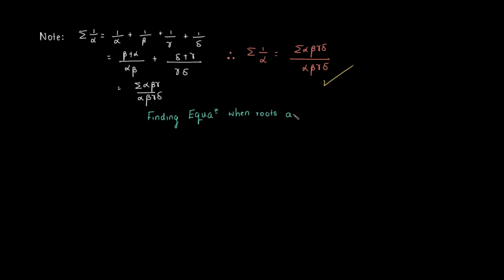So now let's find an equation when the roots are provided. The first method is a generic form of a quadratic equation, and the form is x squared minus sigma alpha x plus alpha beta is equal to 0.